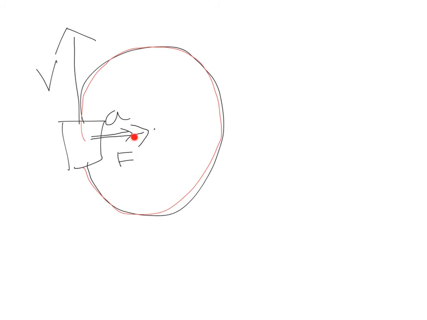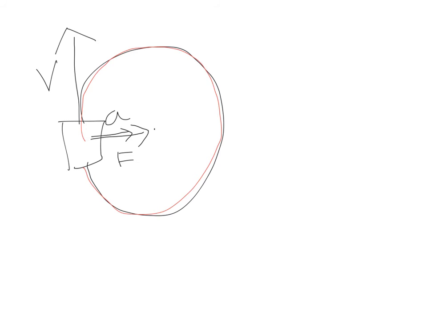So force and acceleration are towards the center of the circle. But the velocity is 90 degrees to the force and acceleration at any point along this circle.